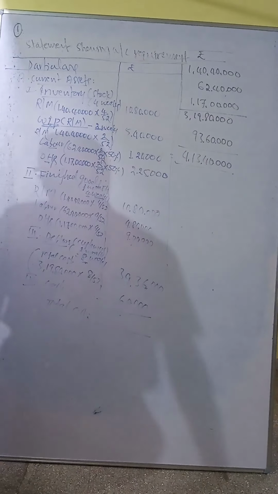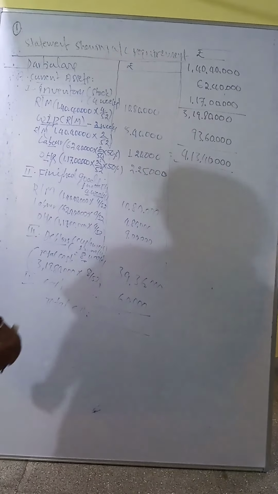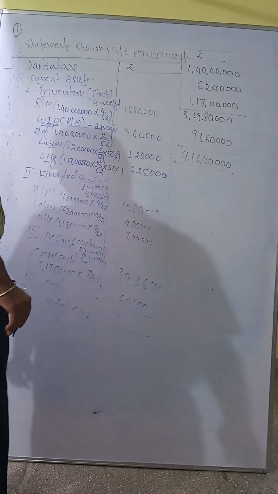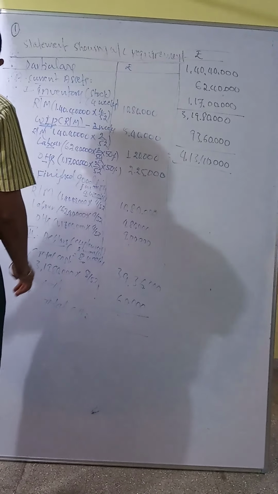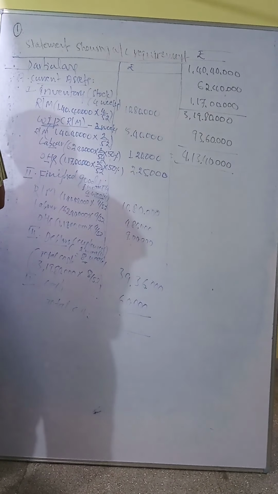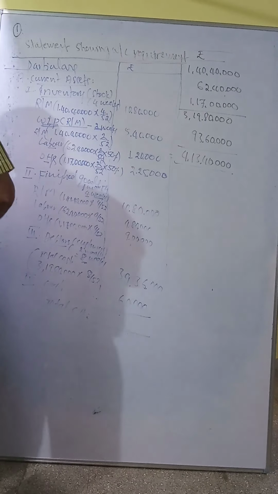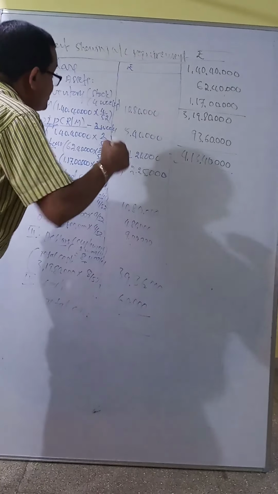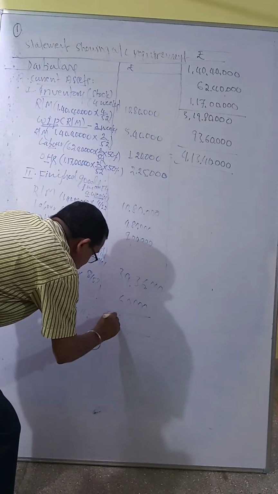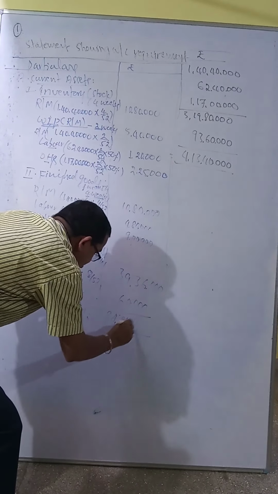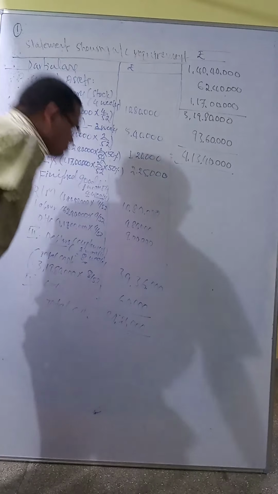Add all these. You'll get 84 lakh 21,000. This is total current assets.